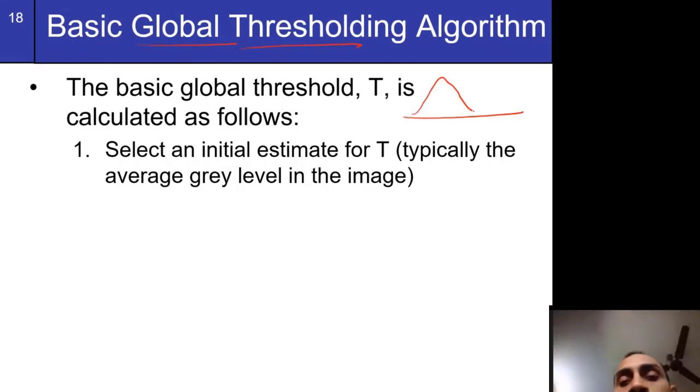If you have a distribution of intensity values, you initially select an initial estimate for t. You can select any initial estimate from 0 to 255.